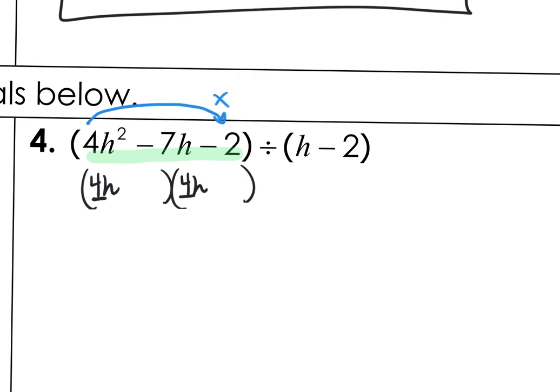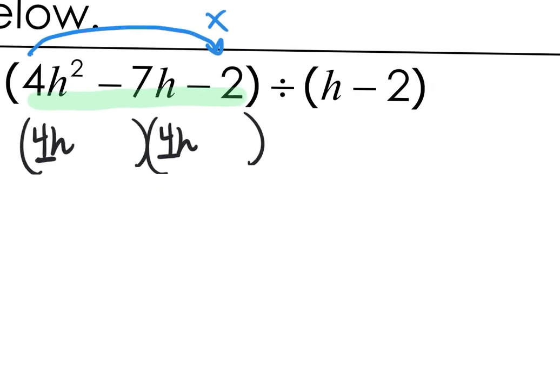If only you had a factoring guide. First times the last. 4 times -2. I'm looking for numbers that multiply to be -8 and add up to be -7. This is all review, all stuff we've already done. So, Zori, what could multiply to -8 and add to -7?